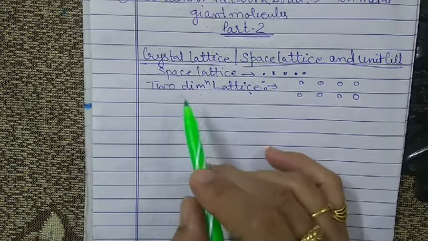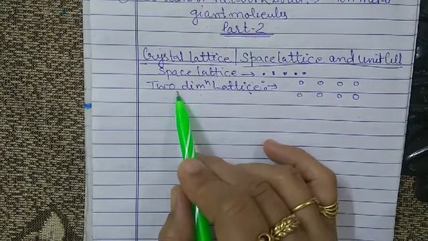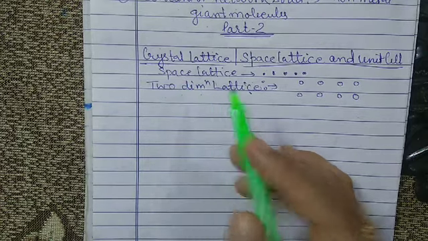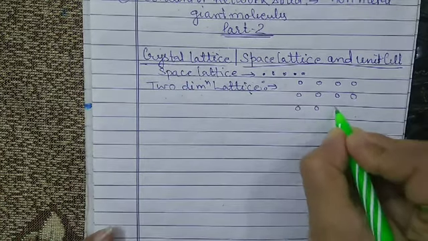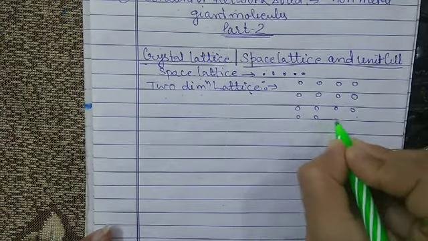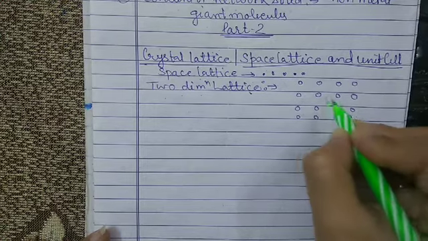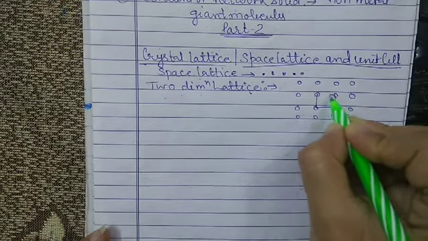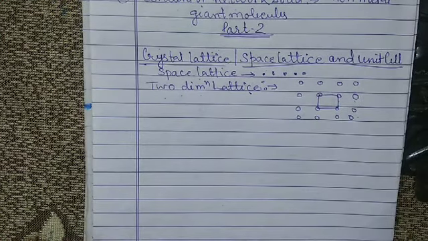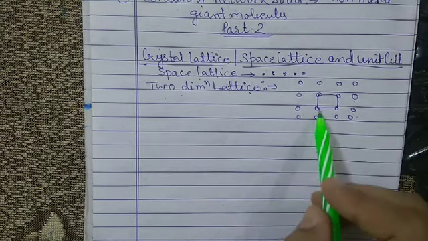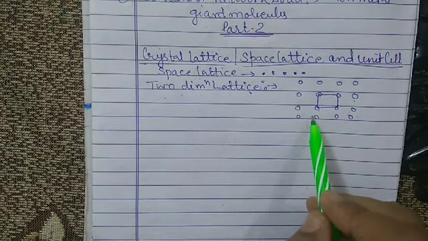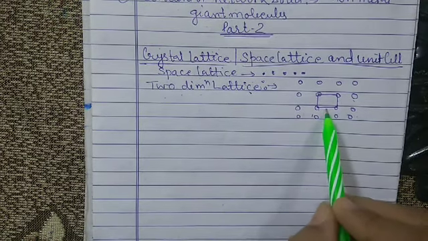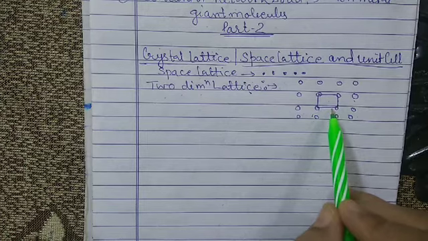And there are 5 types of two-dimensional lattice. These are square. For example, this is a square lattice. Same as that, there are rectangular, parallelogram, rhombic and the hexagonal lattice.